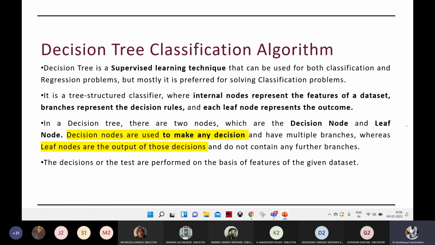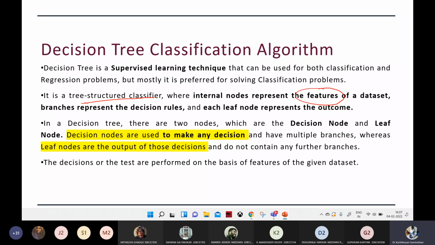This decision tree follows a tree-based structure, where internal nodes represent the features of the data set. In real time, we will give a data set.